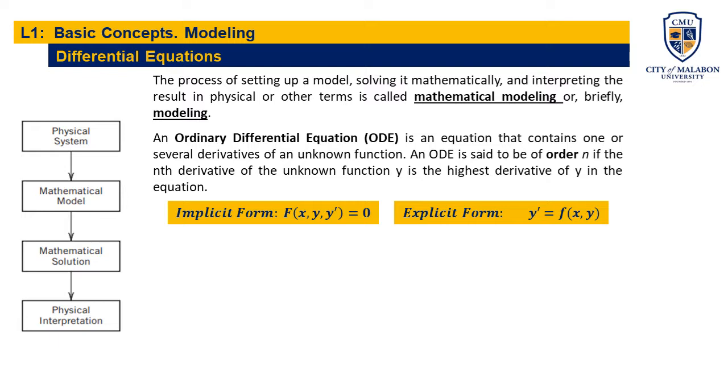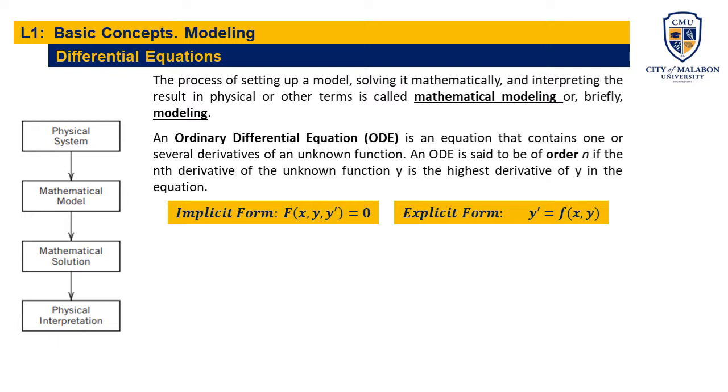We also have the other one, the more often used form, which is what we call the explicit form. In contrast, in the implicit form, we have all our expressions or variables on the left side of the equation, while in the explicit form, we have variables and expressions on both sides of the equation.